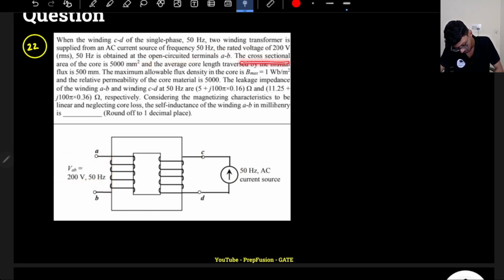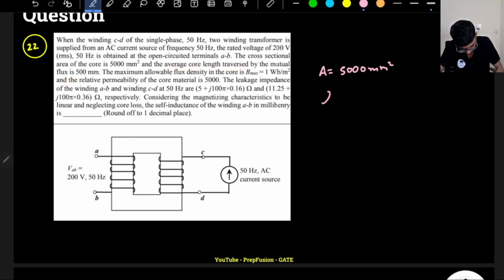The cross sectional area of the core is 5000 mm square. Let me write down a few things. So A is 5000 mm square. The average core length traversed by the mutual flux that is linking both the primary and the secondary is 500. So L is equal to 500 millimeter.